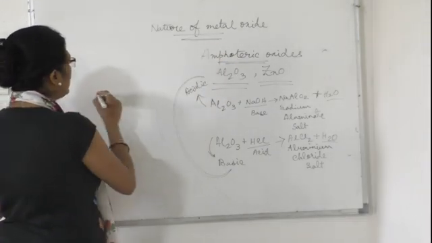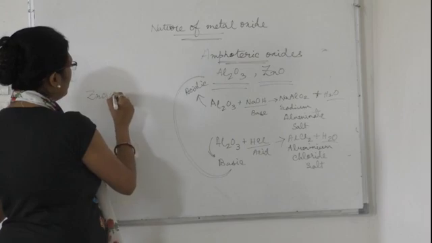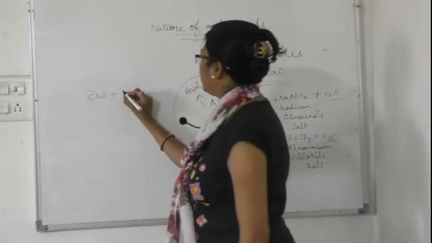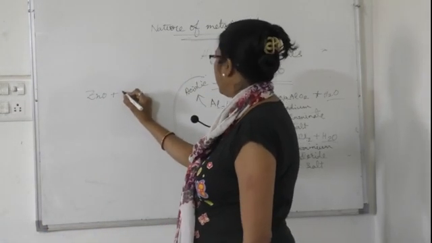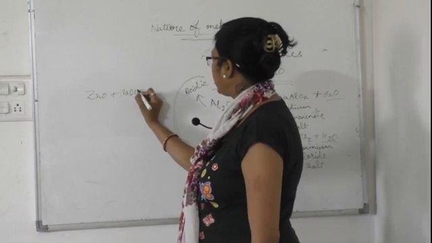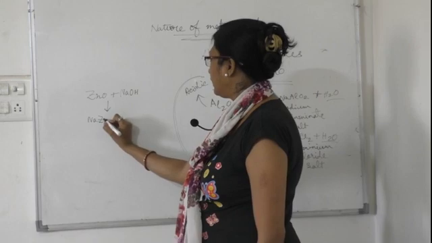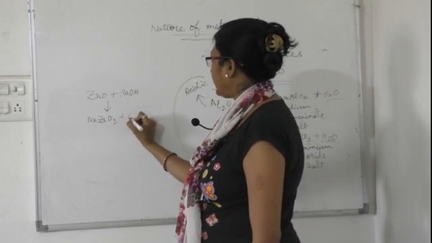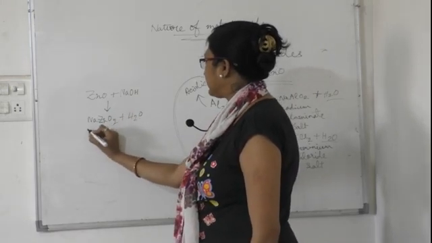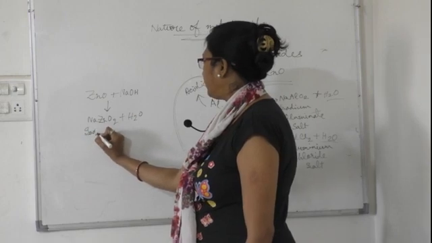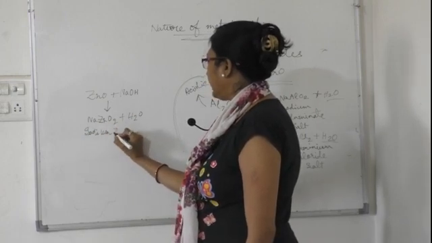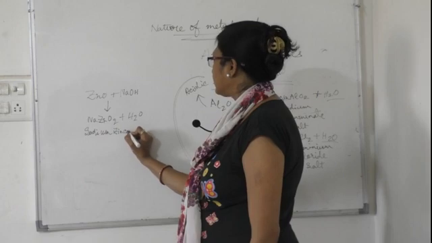Now let's have zinc oxide also. When you react zinc oxide with NaOH, it forms NaZnO2 plus H2O. This is sodium zincate, a salt.